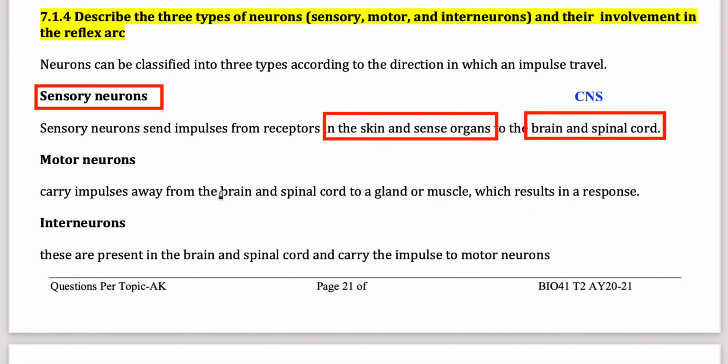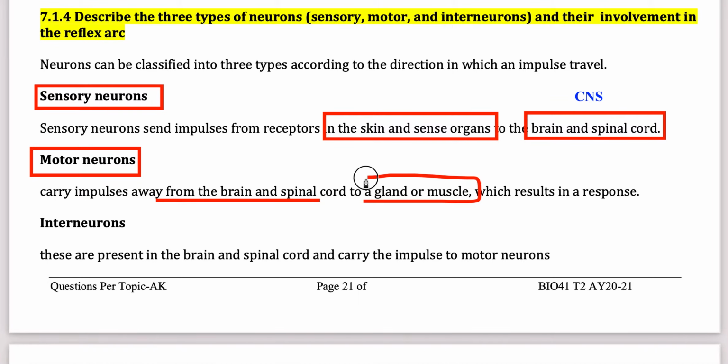Now we go to the motor neurons, which bring the message from the CNS to glands or muscles. Remember, glands and muscles are the two effectors. We have discussed this in the endocrine system when we studied the functions of the feedback mechanism, like what are the sense organs, and what are the receptors and effectors.